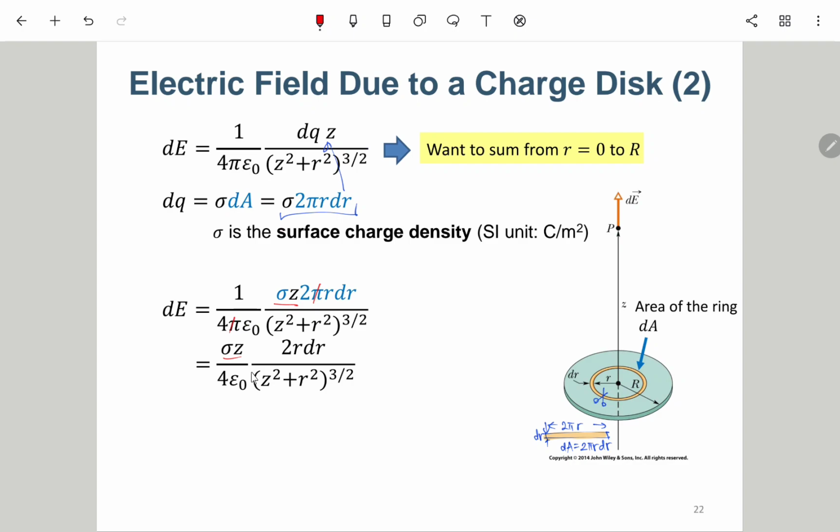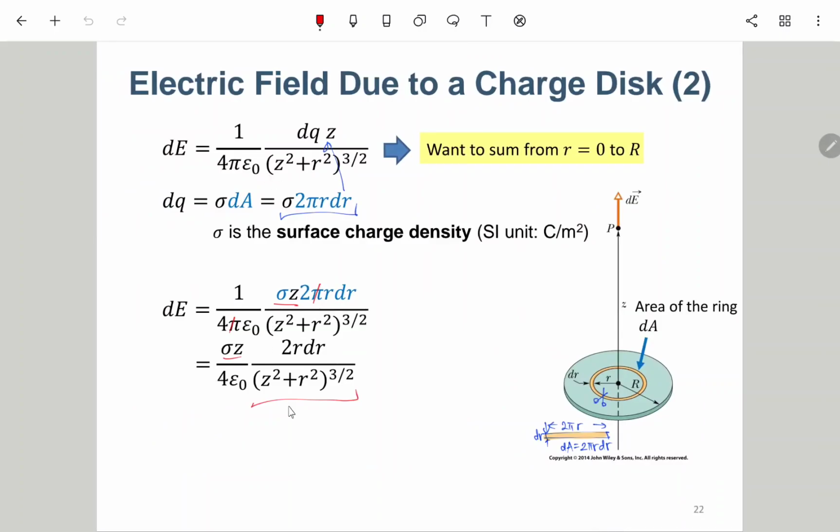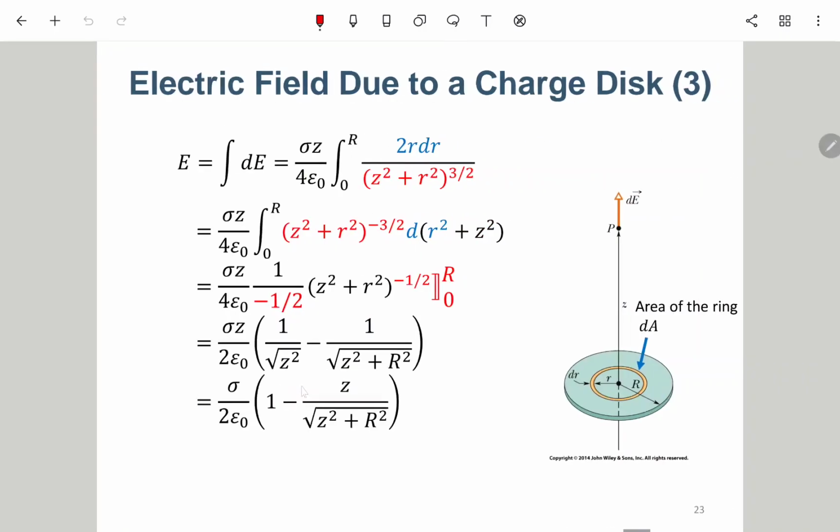Here we try to do the integration. A little bit more complicated, but not too difficult, hopefully. So we have the total E generated by the whole disk, which is the integration of dE, and we plug in this expression here.